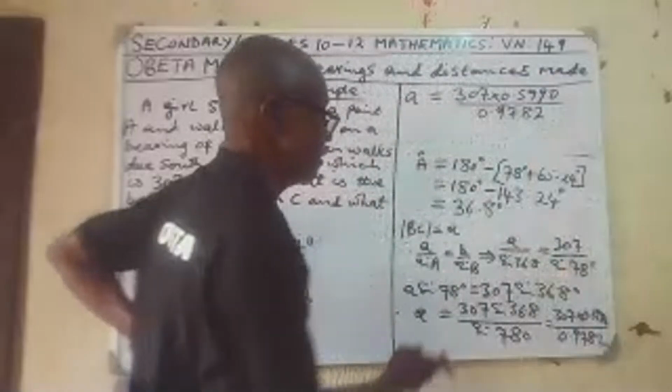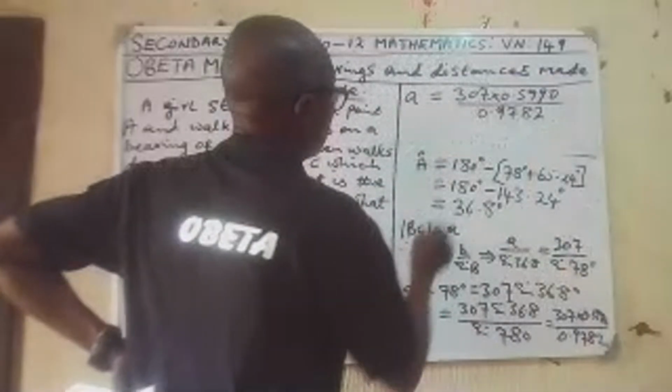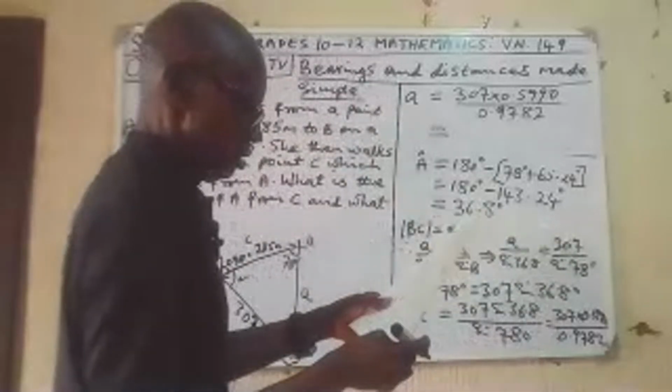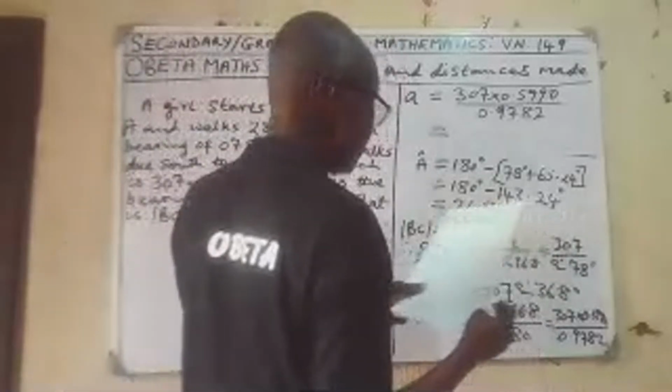Remember that that is the sine of this. And that will now give us 183.893.